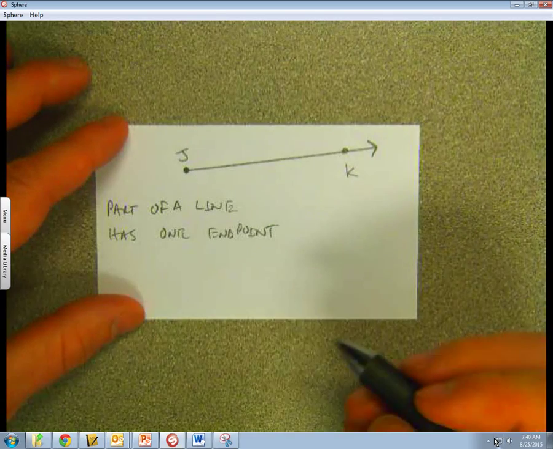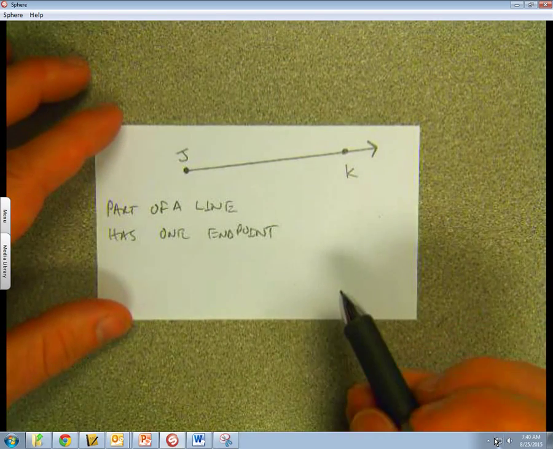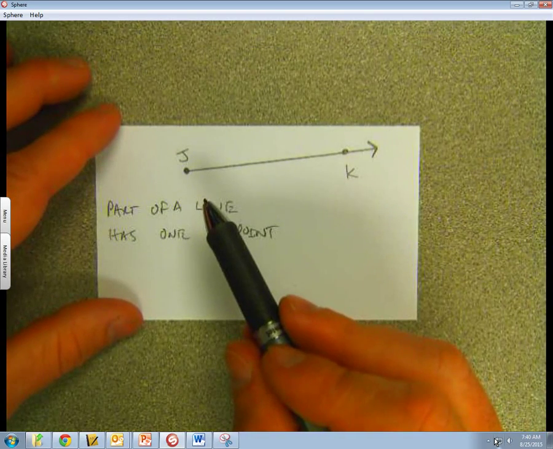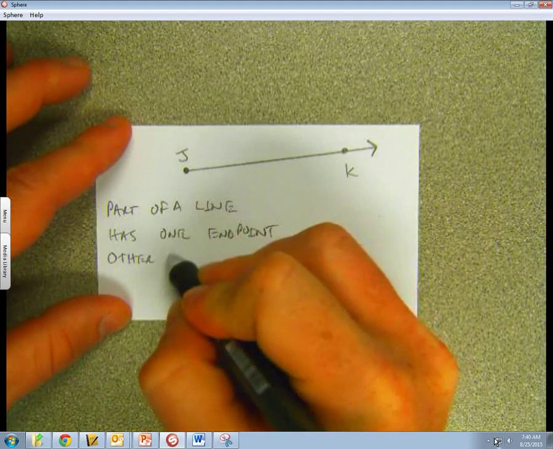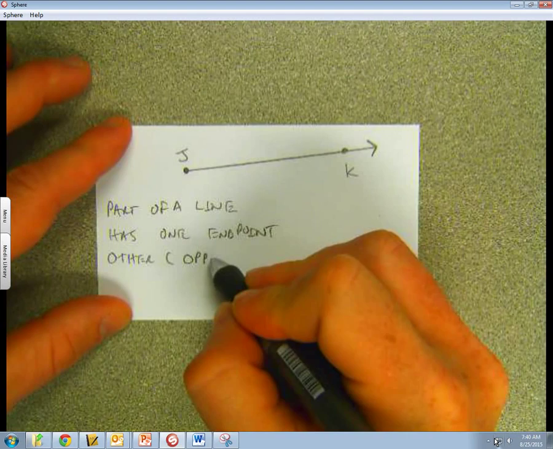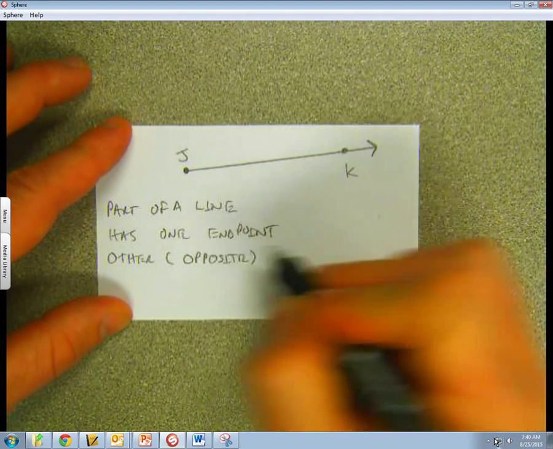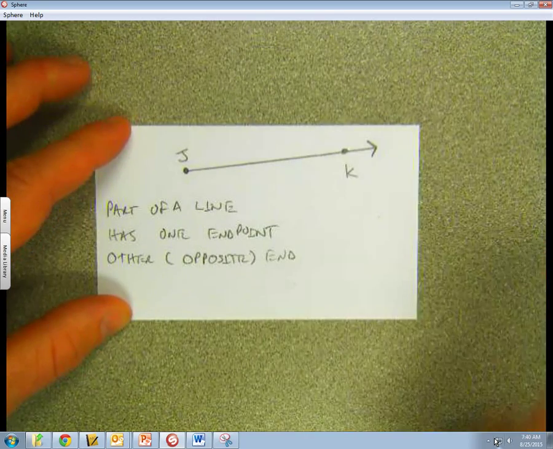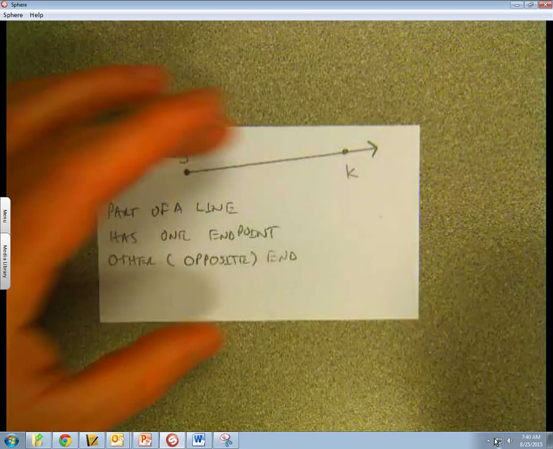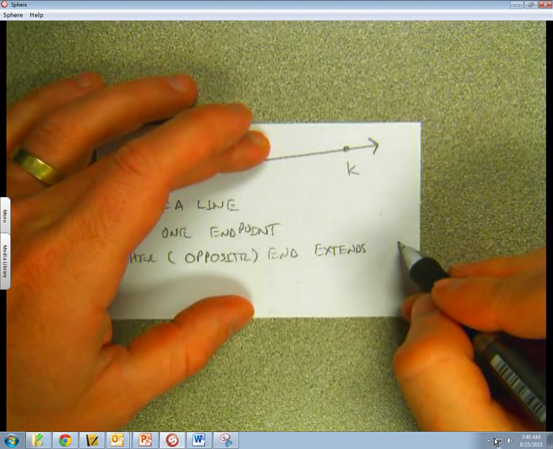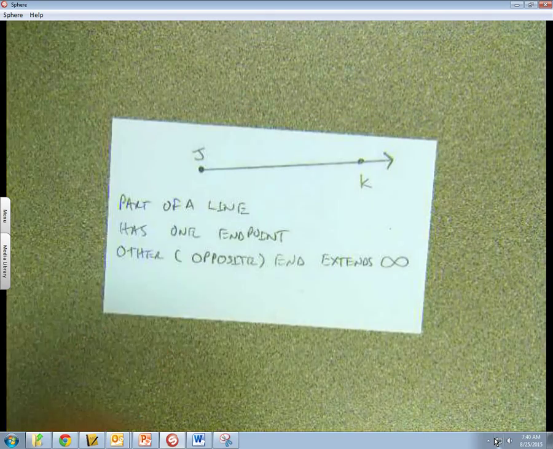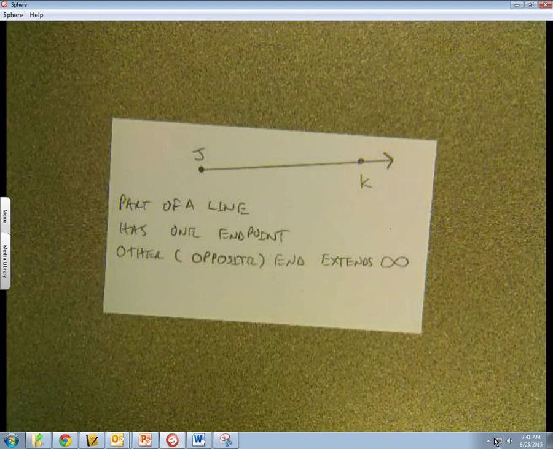Okay, and so it has 1 endpoint, so one end stops and the other end, other or opposite, this is a good term to introduce, extends infinitely. And I'm going to go ahead and use that infinity sign just to save some time and get comfortable with notation. So other opposite end extends forever, or goes on forever, however you want to write it. All right. So that is that.